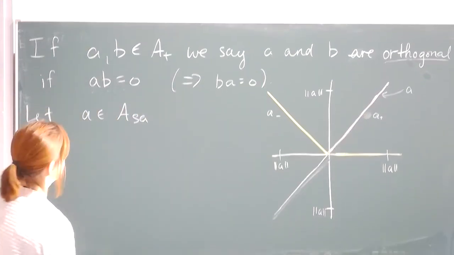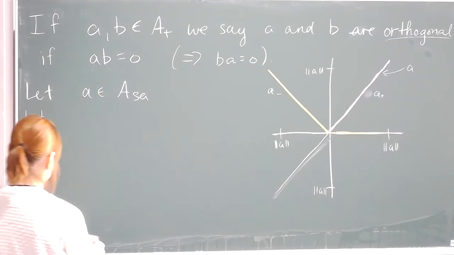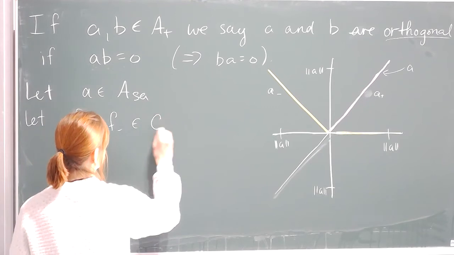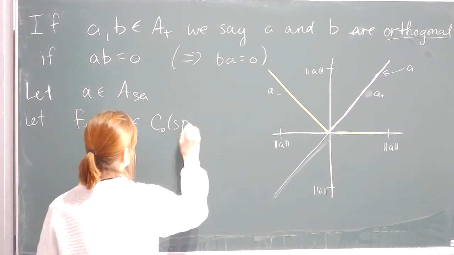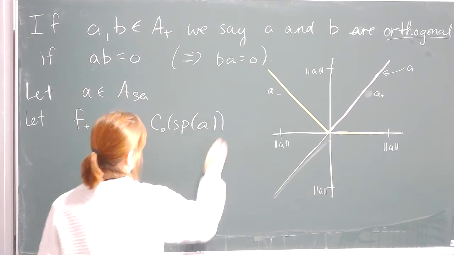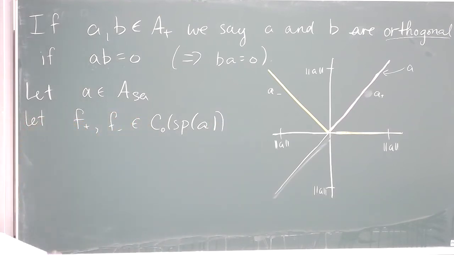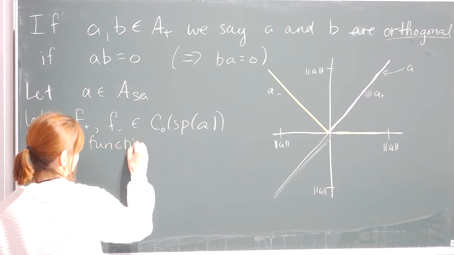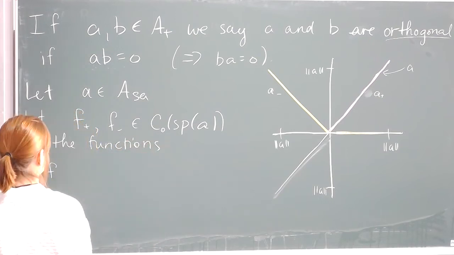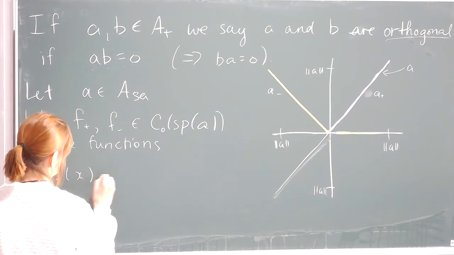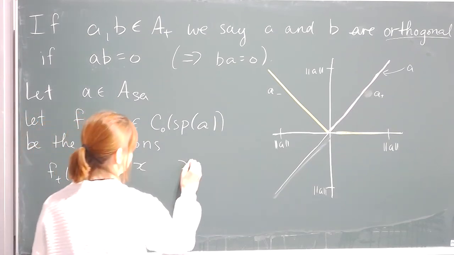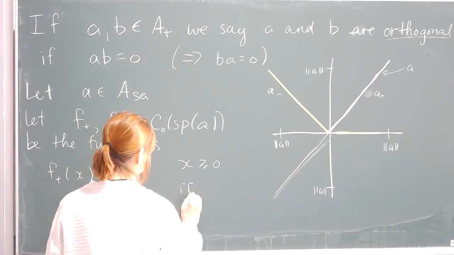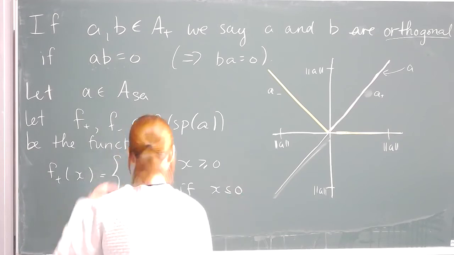And to be more precise, let F plus and F minus be continuous functions on the span of A defined as you see in the picture. So F plus of X is going to be X when X is greater than 0 and will be 0 if X is less than 0.